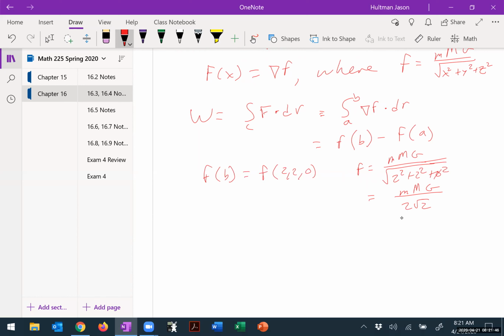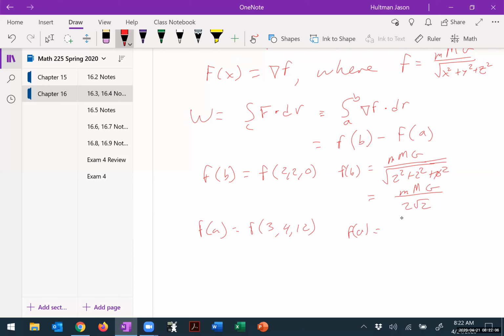So what's f of a? F of a is going to be f of (3, 4, 12). I guess I should put a b here and an a there.